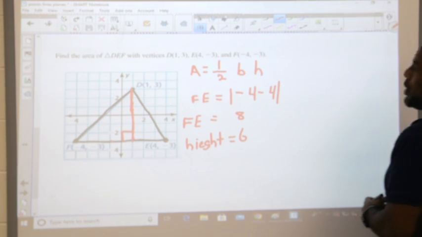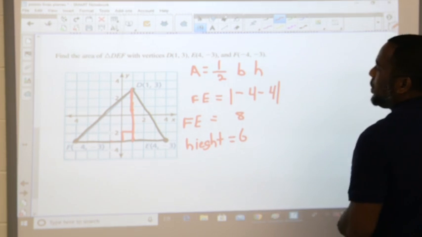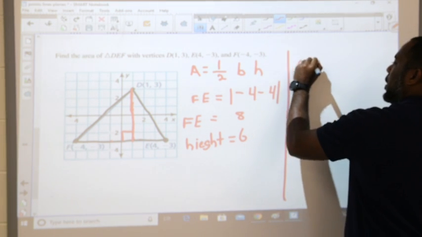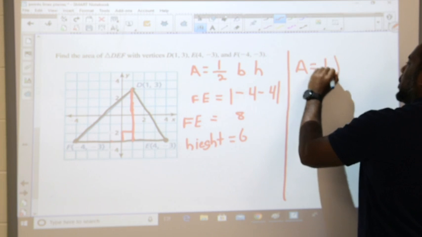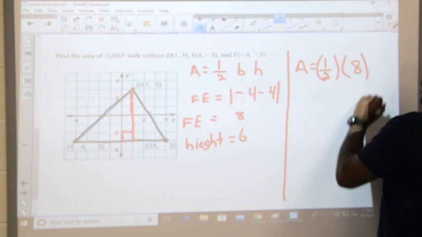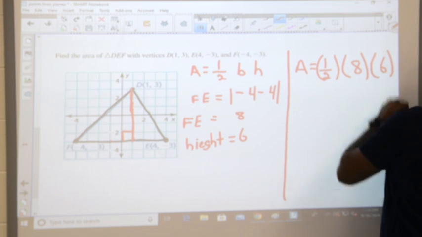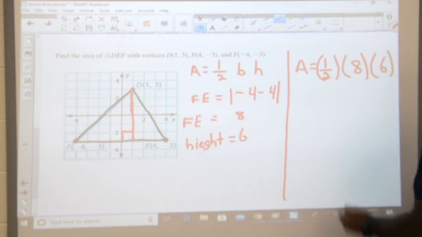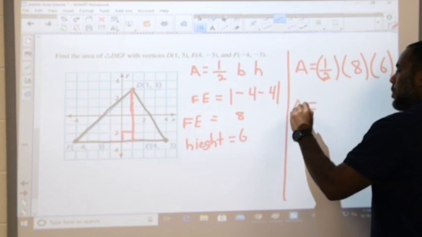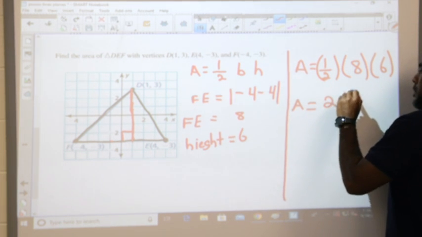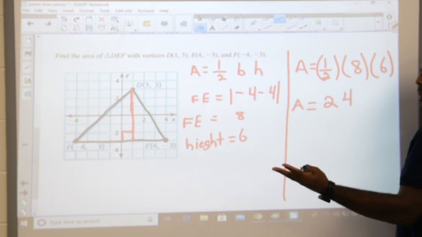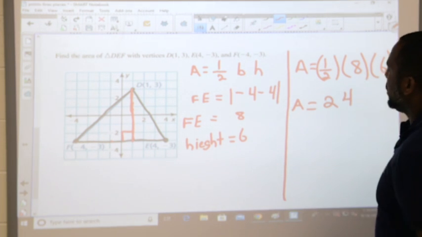So here our area of this triangle. Area is equal to 1/2 times the base, which we said was 8, times the height, which is 6. 1/2 times 8 is 4. 4 times 6 is 24. 4, 8, 12, 16, 24.